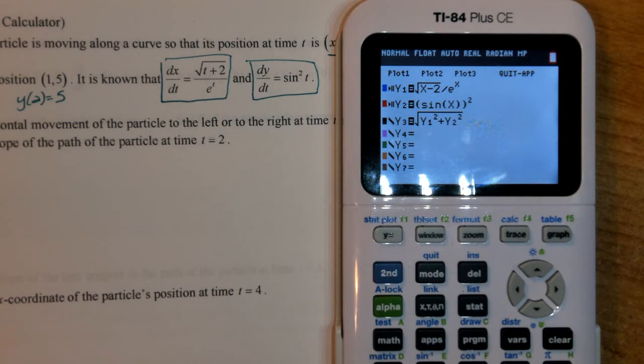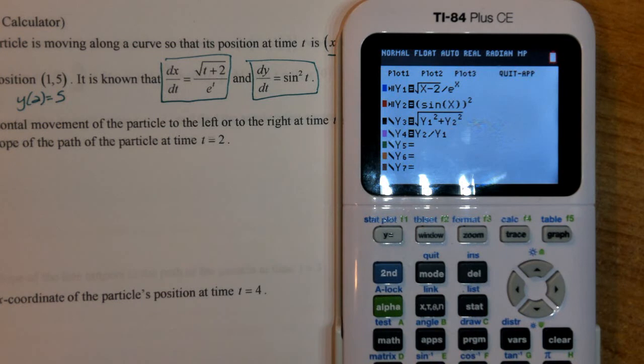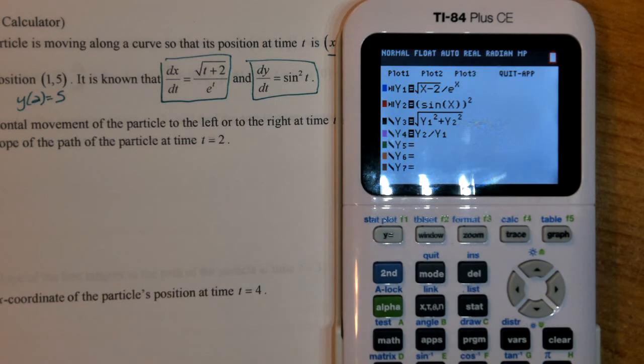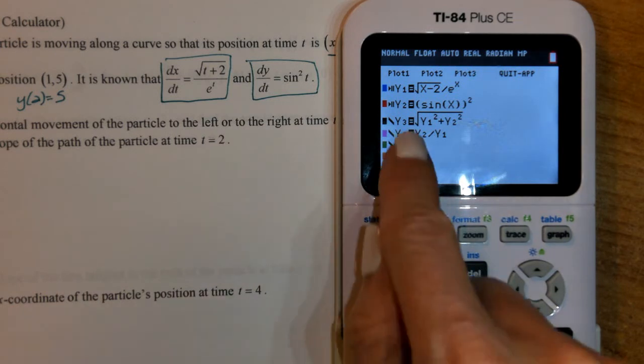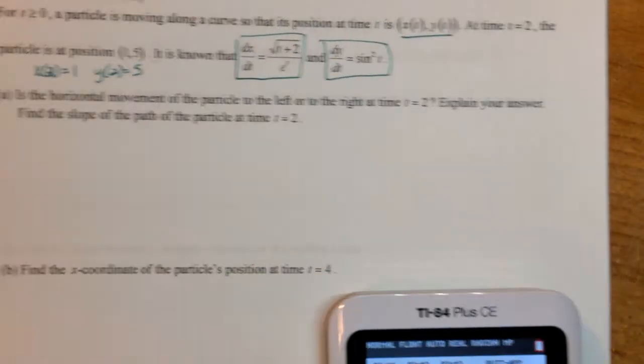Now, you may also want to put in the slope equation. The slope is y2 divided by y1. Both of these are easy to put in our home screen, so putting in Y3 and Y4 is totally optional. But I do like to do that, and it doesn't take long.